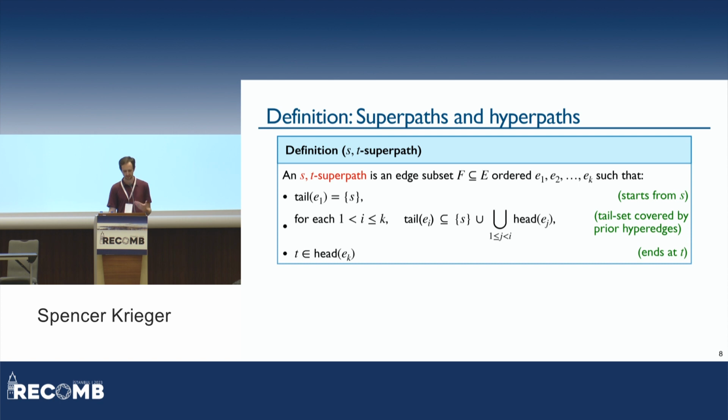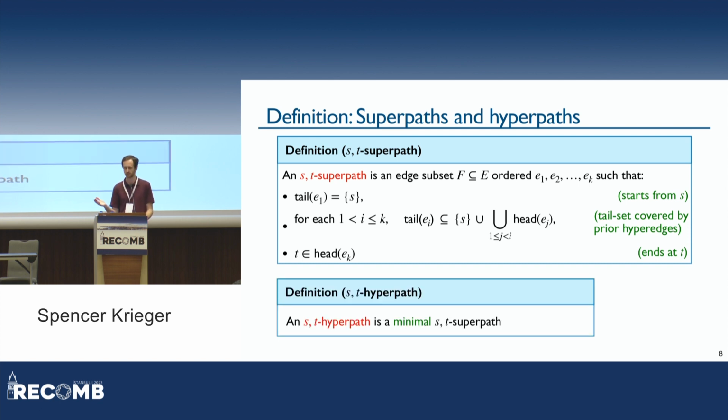So this defines a superpath, and then the definition of a hyperpath follows very easily, where an ST hyperpath is simply a minimal ST superpath, where here minimality means that if you take out any hyperedge in the hyperpath, it's no longer a hyperpath, or it's no longer a superpath.